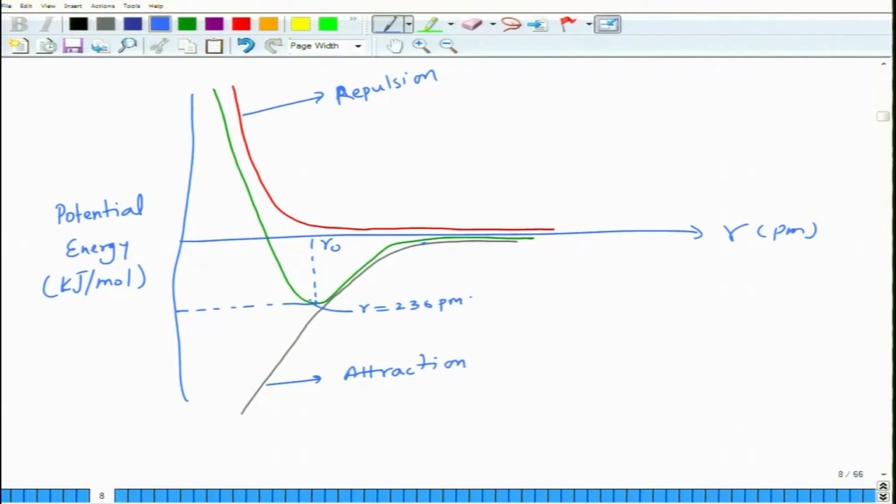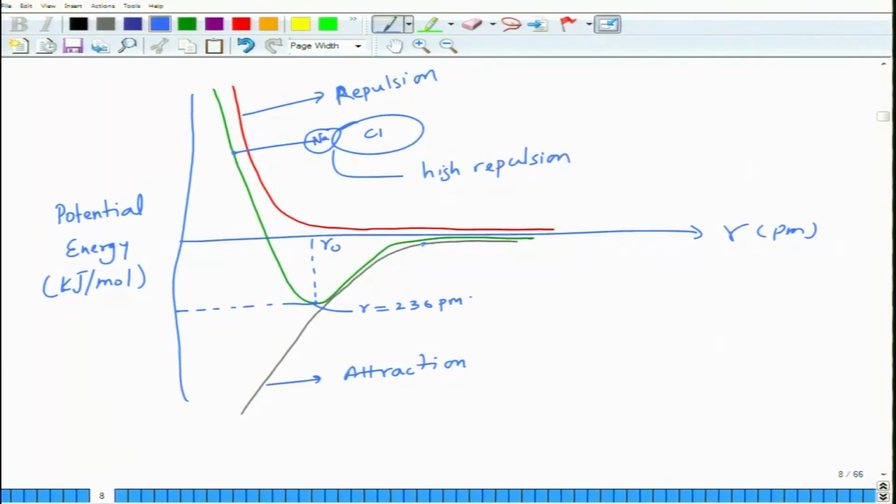So this is the point at which you hang around between sodium and chlorine. If you talk about very small distances, it is like this, sodium and chlorine squashed together really very close. That means high repulsion.